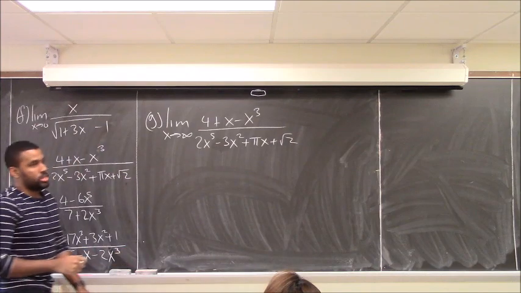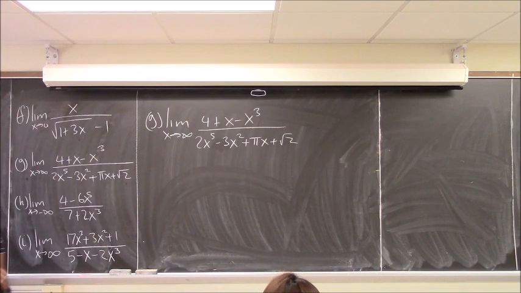Okay, what's the answer? 0. Why? It's because there's bigger powers in the bottom than on the top, so the bottom's gonna go faster.